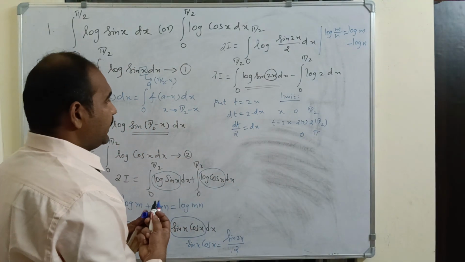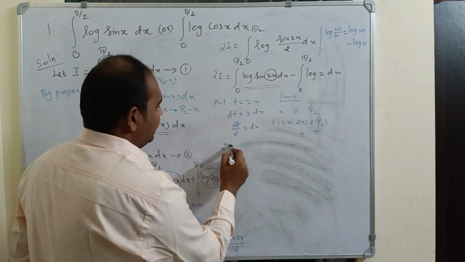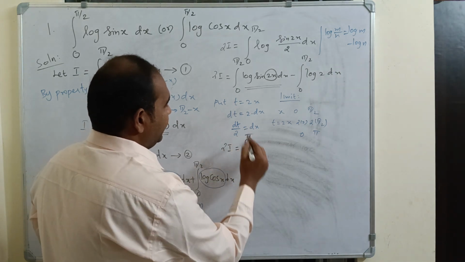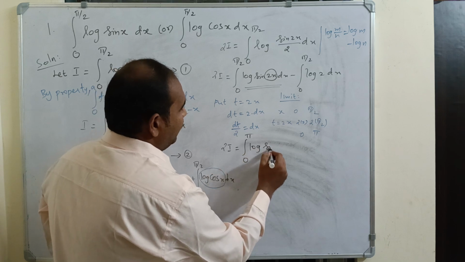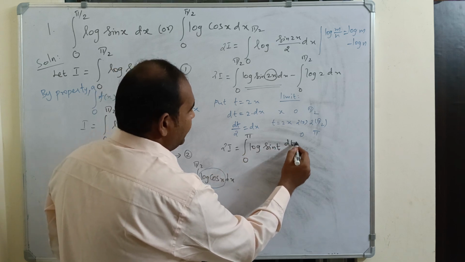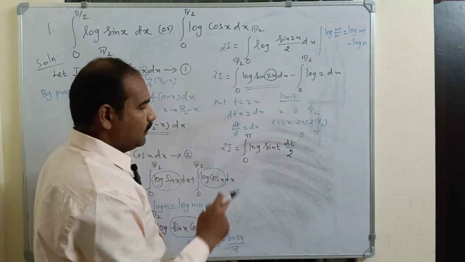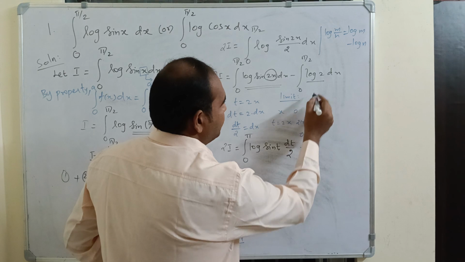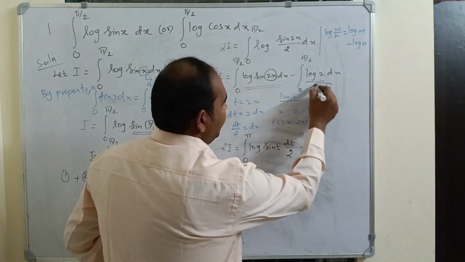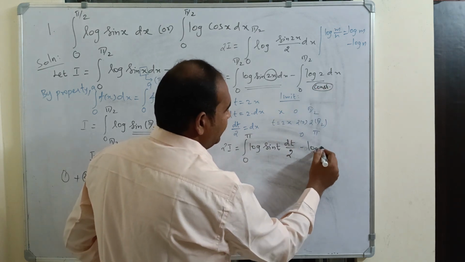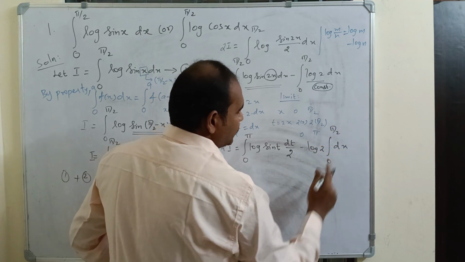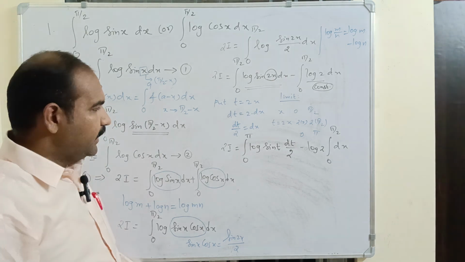So now the same integral 2I is equal to integral 0 to pi log of sin t into dt by 2. Here log 2 is constant, so take log 2 out, and we get the integral 0 to pi by 2 of dx.